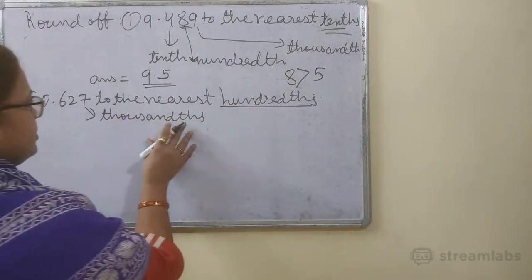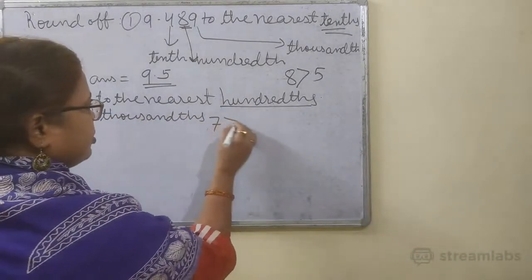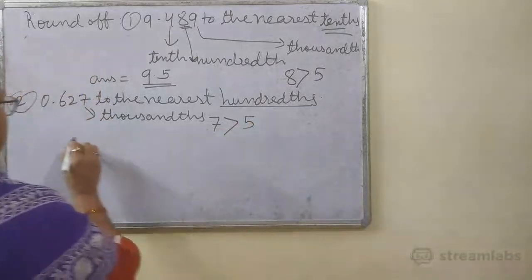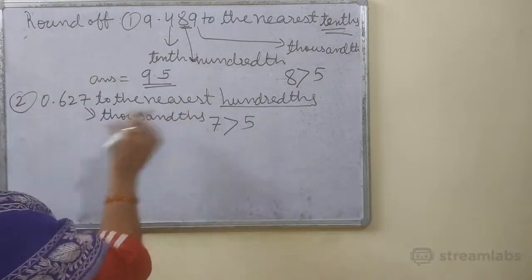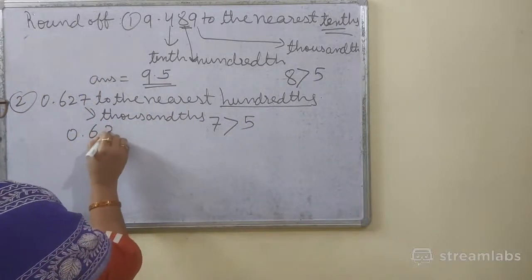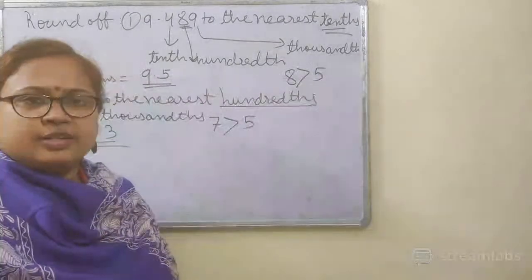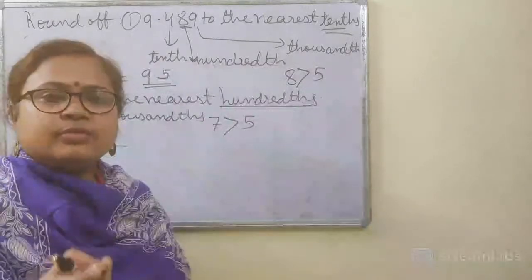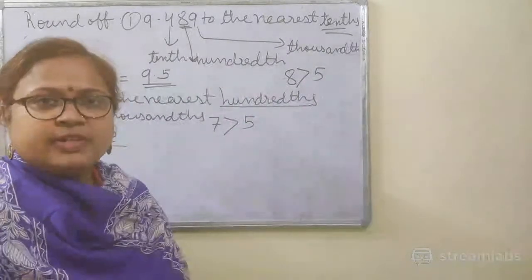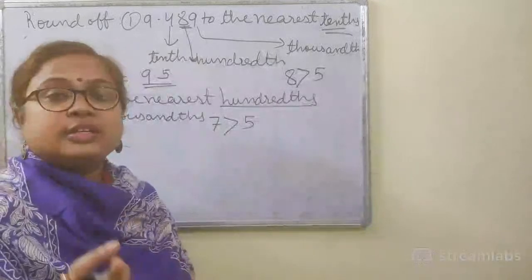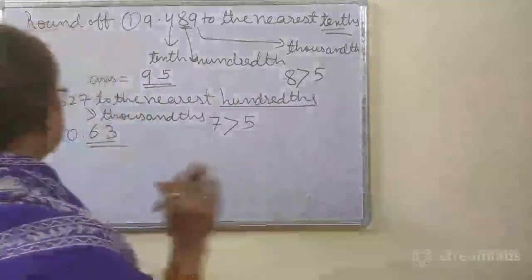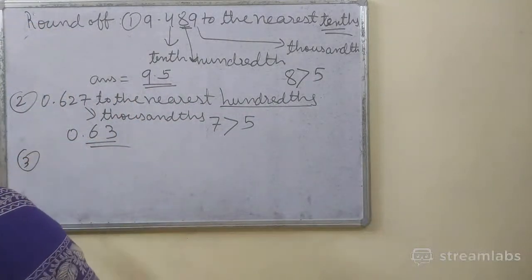So this we will see, and this 7 is greater than 5. So it will become to the nearest hundredth, 0.63. This will be the answer. It is very easy. When it is asked about the hundredths, see the thousandths. When it is asked about the tenths, see the hundredths digit. Okay. Now next solve.